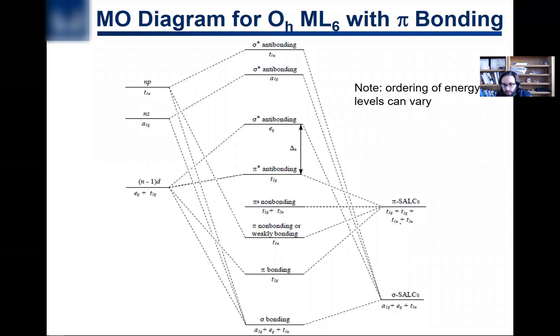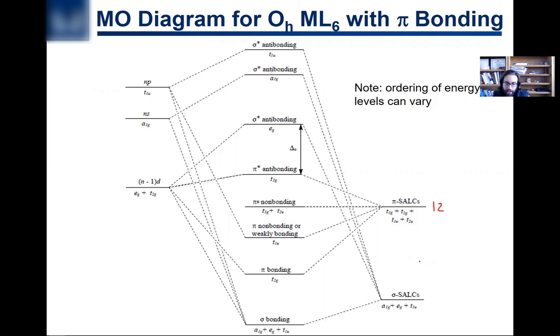T1g, T2g, T1u, T2u. And you might be wondering, how many are there here? Well, remember the Mulliken symbol T on the character table is triply degenerate. So this is triply degenerate, triply degenerate, triply degenerate, triply degenerate. They're all triply degenerate. We have 4 of them, so we have 12 pi bonding SALCs.